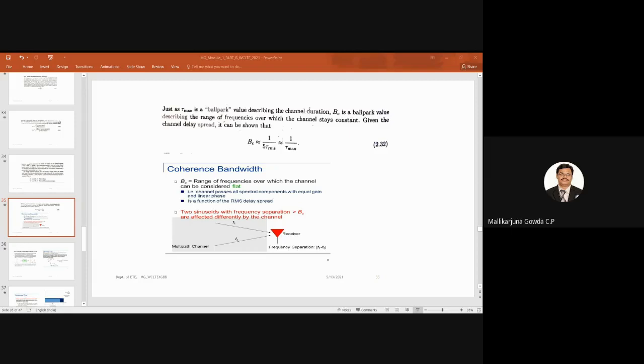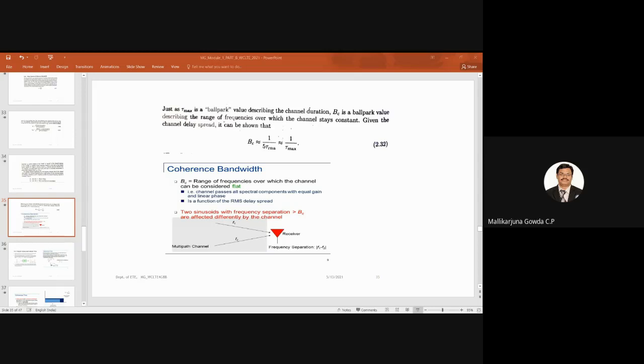Then these two signals will be affected differently by the channel. If they are within the coherence bandwidth, they would be received at the output of the channel with the same gain and same phase.